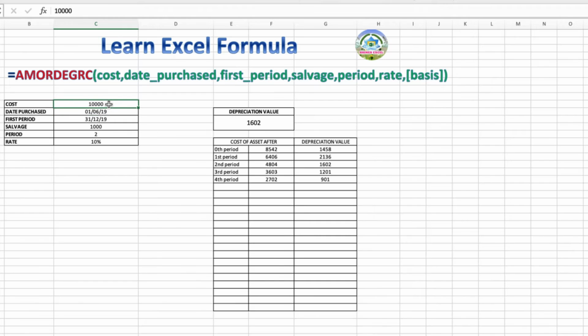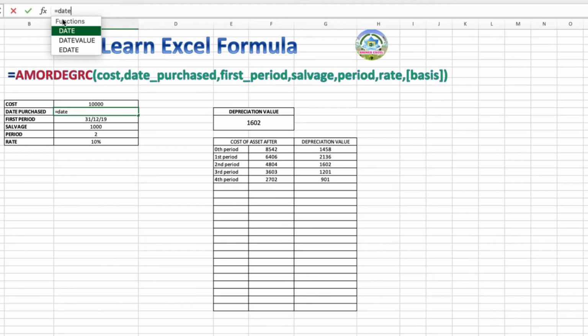I have entered the cost as 10,000 and the date of purchase. If you plainly enter values here, sometimes it shows an error. To make everything perfect and avoid errors, type equal to DATE and then enter the values.